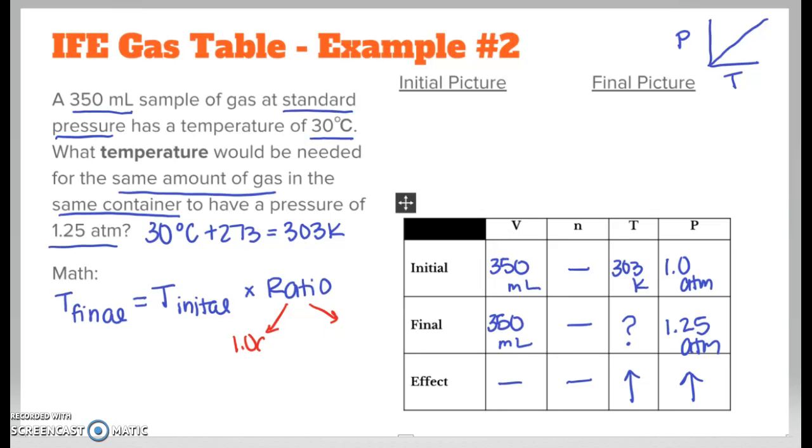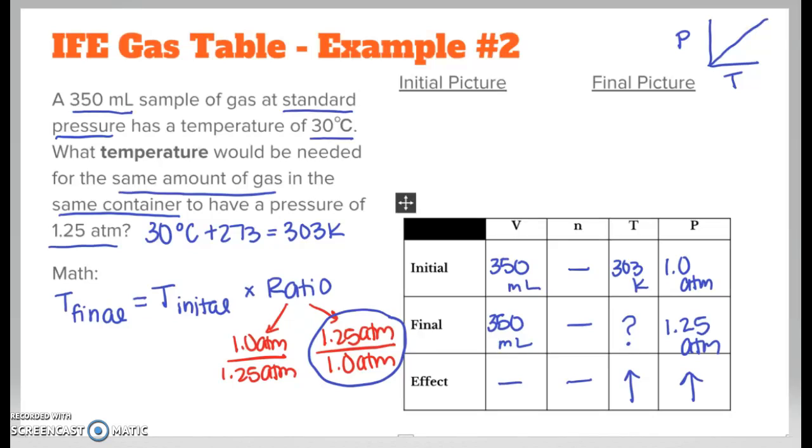We can either take 1 atmosphere divided by 1.25 atmospheres, or we can take 1.25 atmospheres and divide it by 1 atmosphere. The question is, which one of those ratios is going to give us a larger temperature than we started with? So what's going to happen is you're going to choose the ratio that has the larger number on top. In this case, 1.25 atmospheres divided by 1. If we wanted a smaller temperature value, we would have chosen the ratio with the smaller number on top.